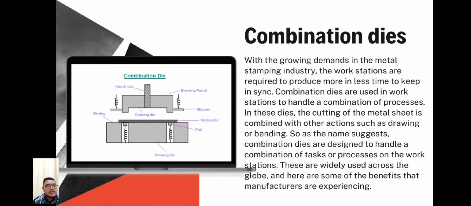In these dies, the cutting of the metal sheet is combined with other actions such as drawing or bending. So, as the name suggests, combination dies are designed to handle a combination of tasks or processes on the workstations. These are widely used across the globe, and here are some of the benefits that manufacturers are experiencing.